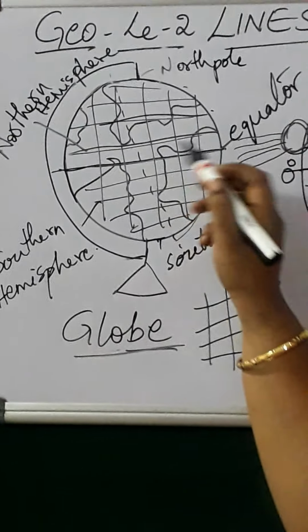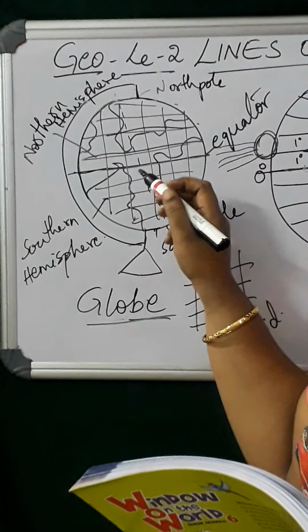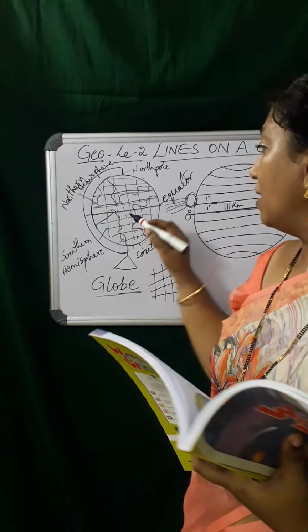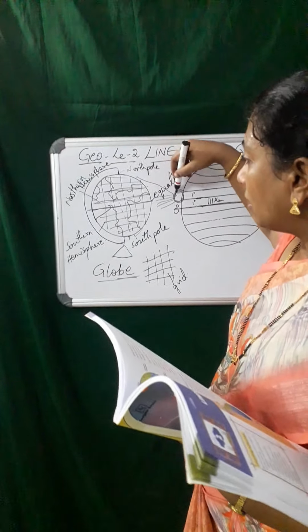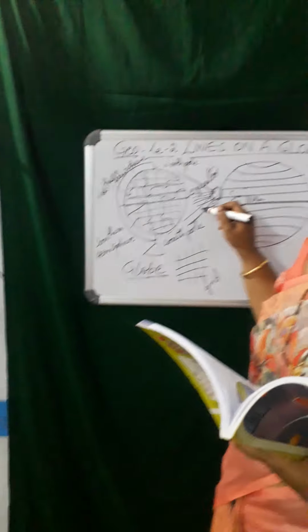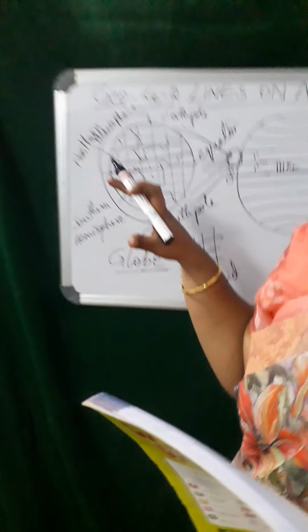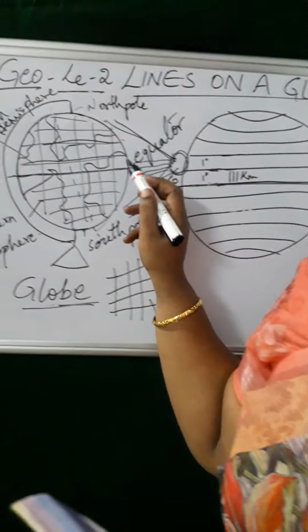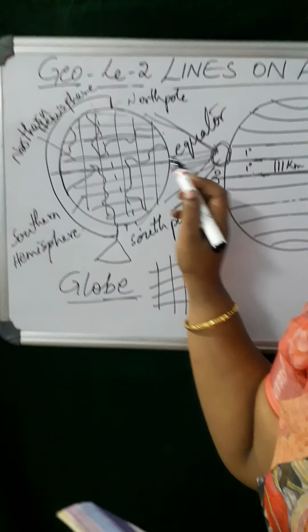The places which are near, where the rays are falling directly, experience a lot of heat, and the rays which are coming slanting on the globe give a little less heat when compared to the places having direct rays.